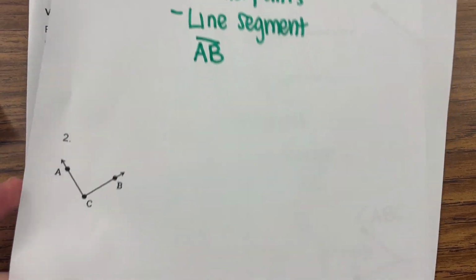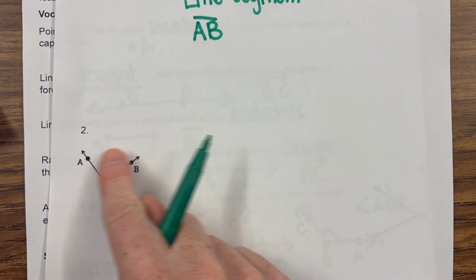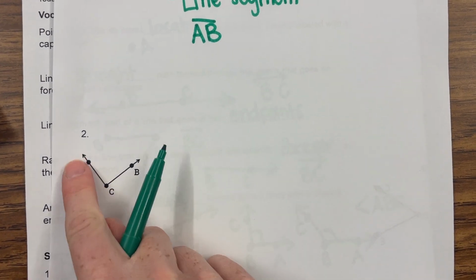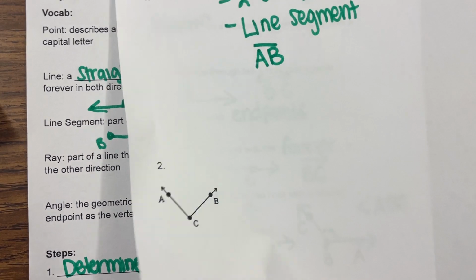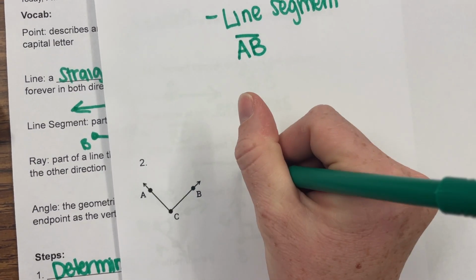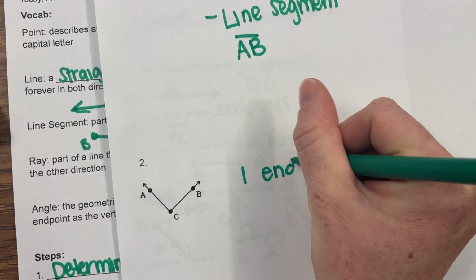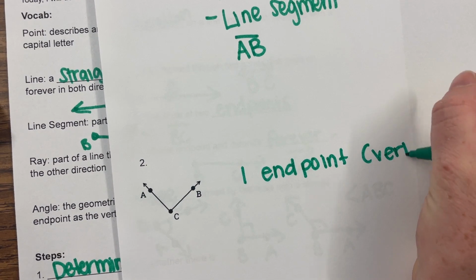Okay, our next problem, we have an angle going off in 2 different directions. There is an endpoint in the center right here, so I'm going to say that it has 1 endpoint. And I'm going to note that that's the vertex.